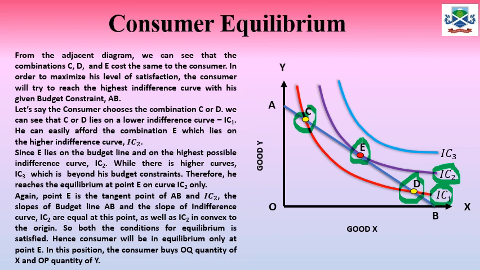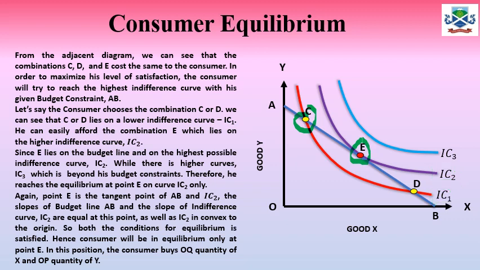His limitation is AB, within which he has to spend on the two commodities. He cannot afford any combination on IC3. If the income increases, the budget line will shift, and in that case he may go to IC3. But at present income he cannot afford any combination on IC3.